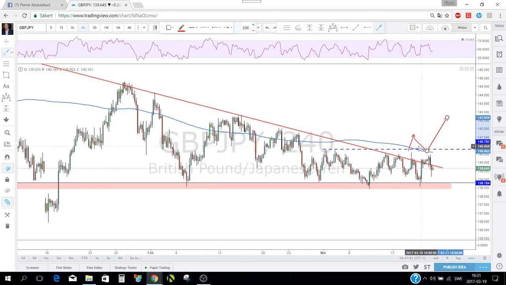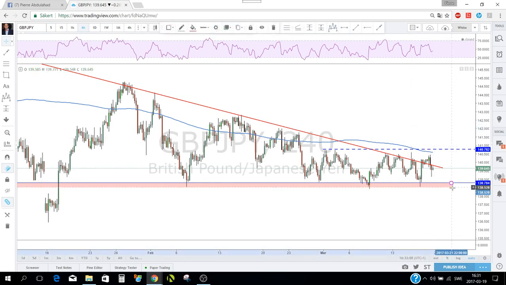So that's what I'm looking at for now, because it looks like this structure down here is holding very well. As you see, it's very clean here. The only day that we broke it was back here in the middle of January. We had this gap, and the gap got closed very fast, yeah.